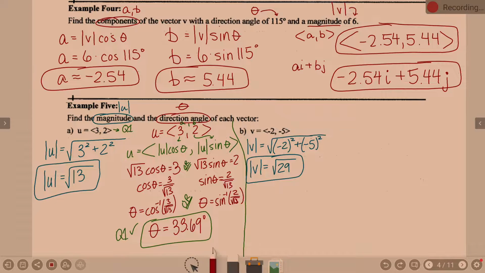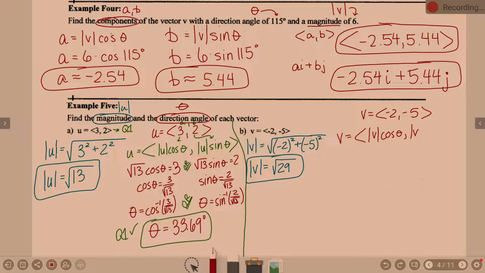Okay, what about theta? We were given v as -2, -5, correct? We know in a vector, the horizontal component is the magnitude of the vector times cosine of theta.